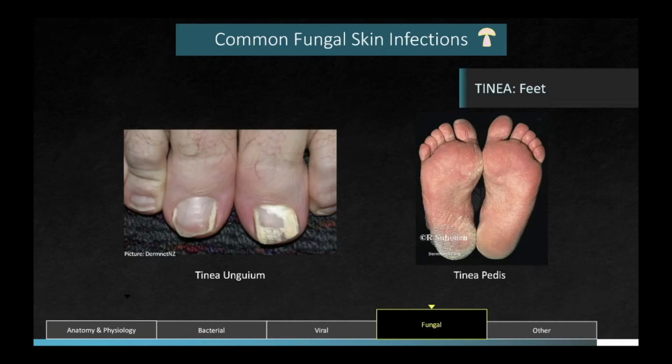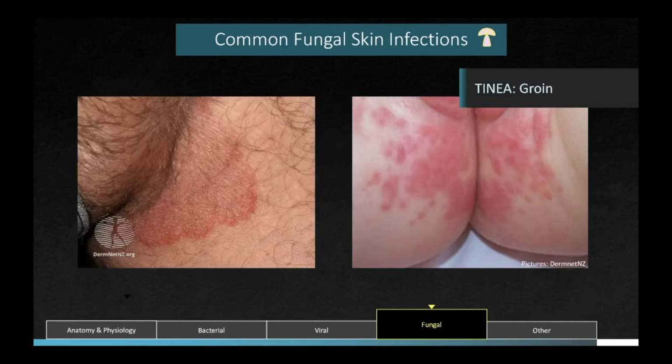Other areas that such infections can involve include the groin, as shown in this image on the left, which is referred to as tinea cruris, or more commonly, jock itch. Also, dermatophyte infections commonly cause nappy rash, as shown here on the right. Look at the inflammatory reaction and typical satellite lesions, that is, the smaller red lesions on the periphery of the main area.